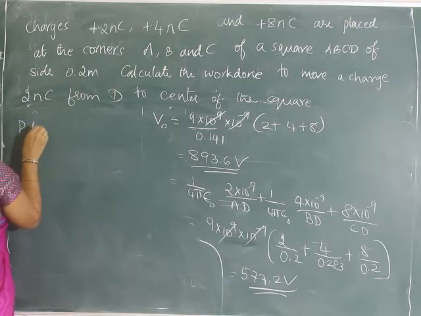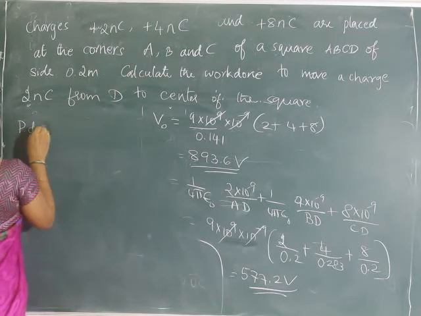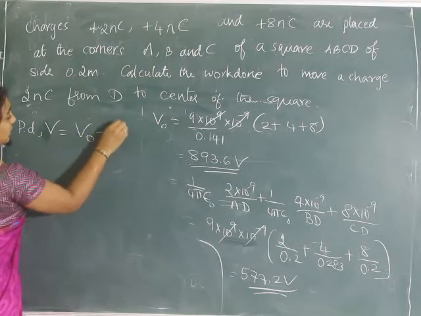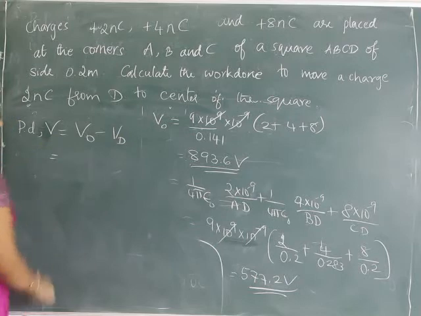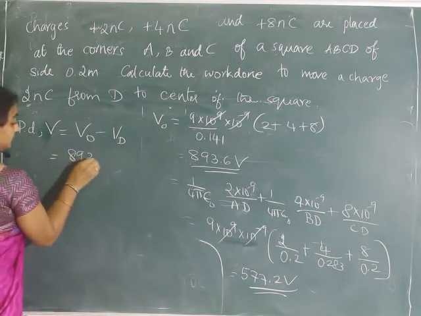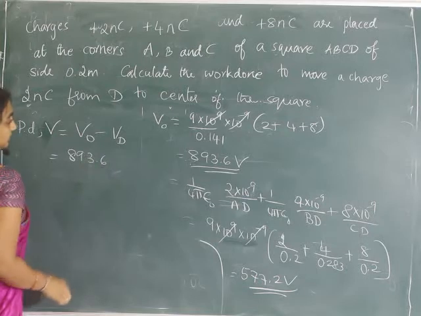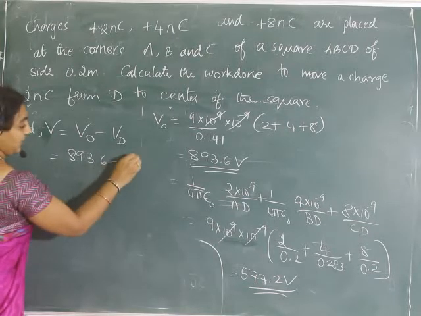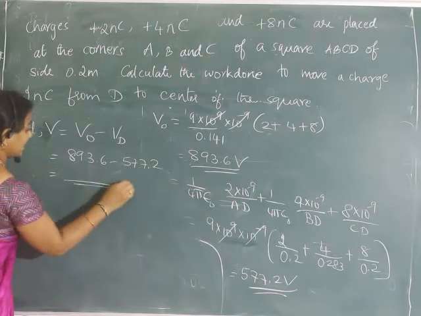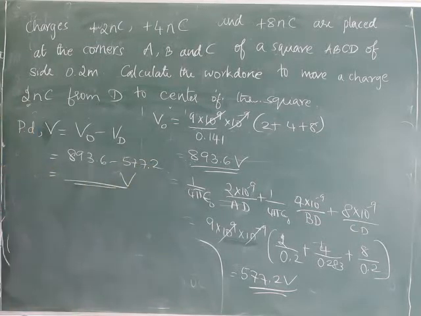Potential difference is equal to, what is the potential difference? 893.6 minus 577.2. Subtract, you will get one answer. So many volts.